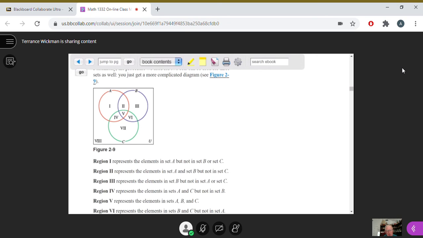For example, if I ask you what section or region is in all 3 regions of A, B, and C, can anybody tell me what that would be? Region 5. Yeah, it's 5. And so your problems are going to be based on questions like that.